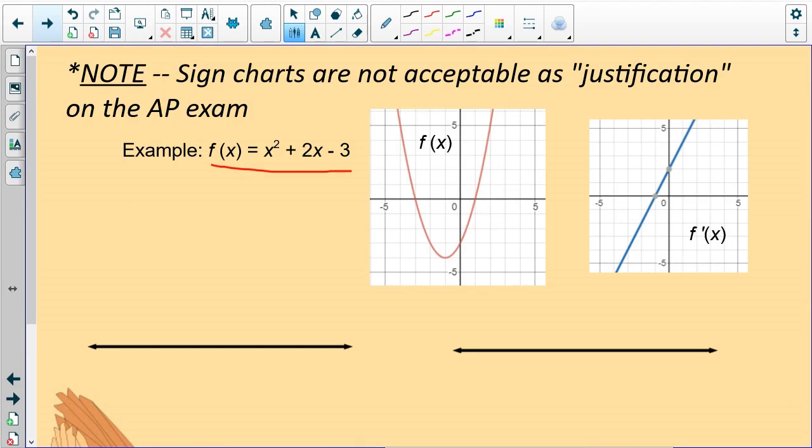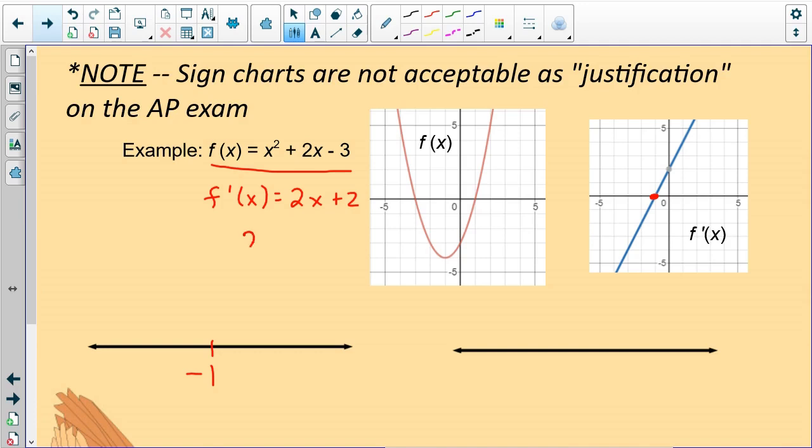So if I'm looking at the derivative function, notice that at -1, the derivative changes on this problem. I guess I should take the derivative and just make sure that we're aware of what's going on. 2x plus 2.